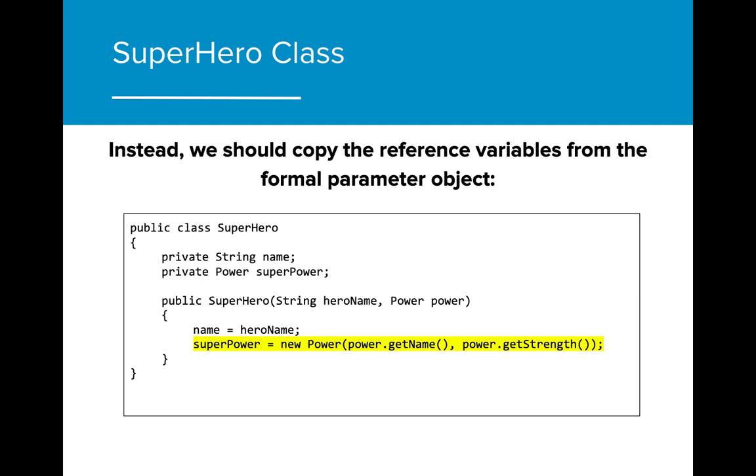This means that each individual superhero will have a power object that is exclusive to that superhero. Any changes that are made to the superpower object will only affect the individual superpower for each superhero. When creating constructors with objects as parameters, it's important to keep this in mind so that we are only changing the objects that we intend to.